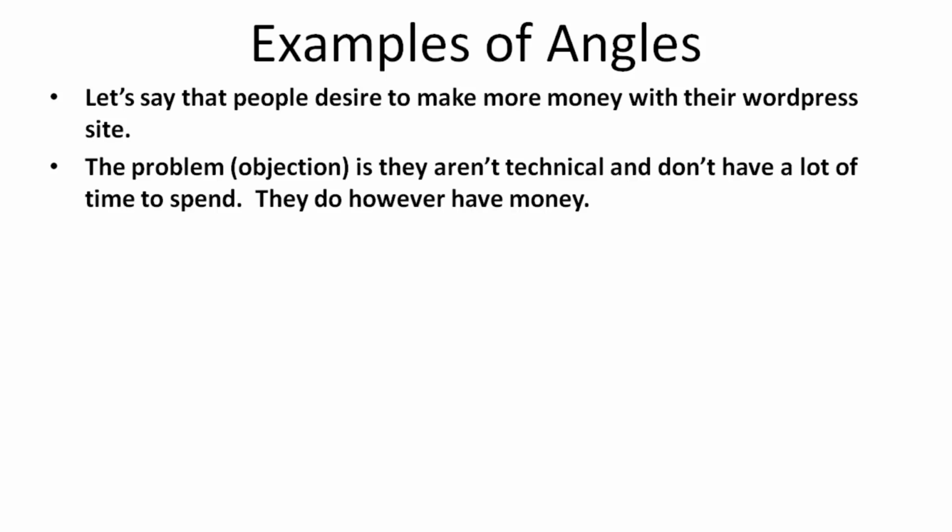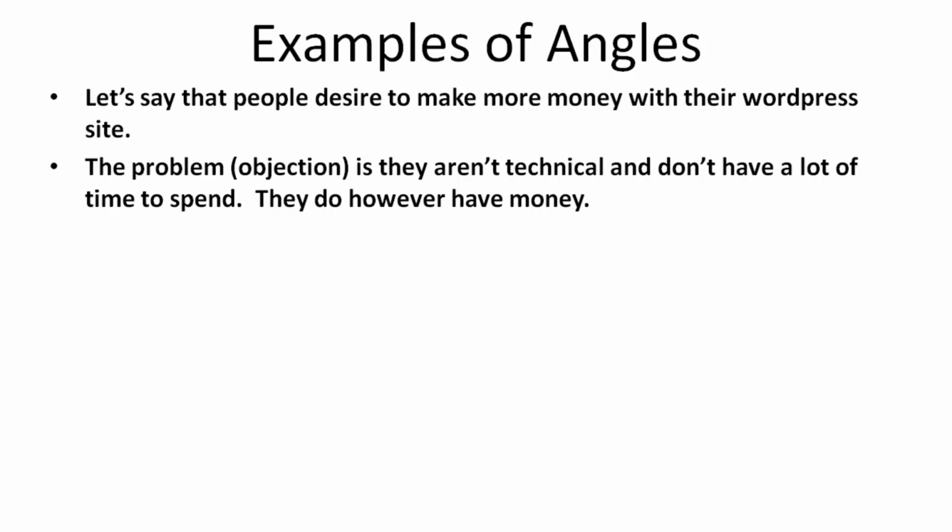So if you've done your research on your audience and you know that the objection is that they are not technical and they don't have a lot of time to spend, but the objection is not that they don't have money, they do have money.